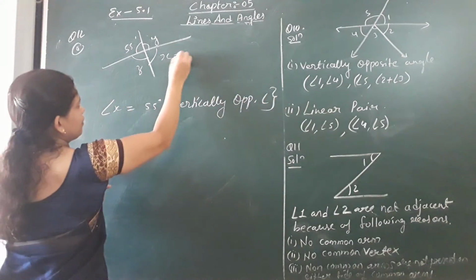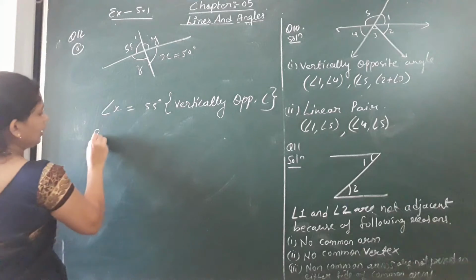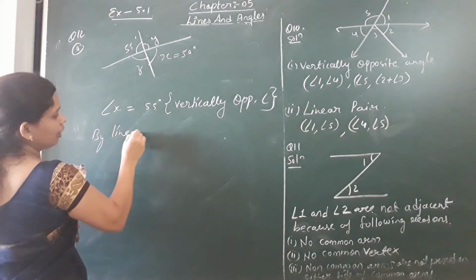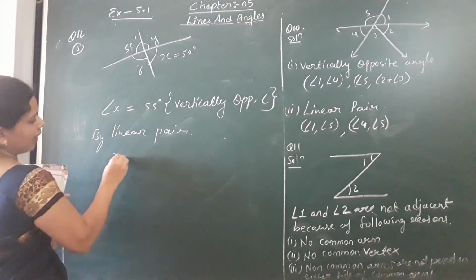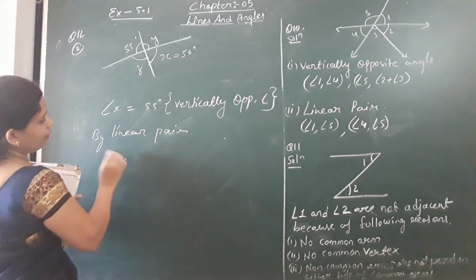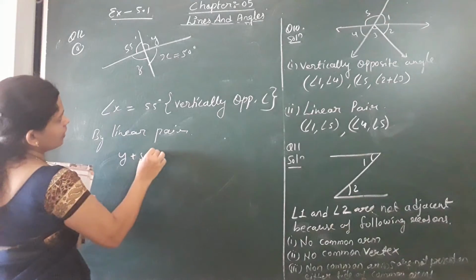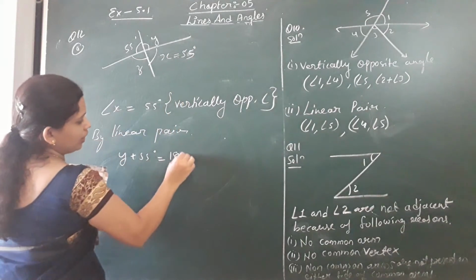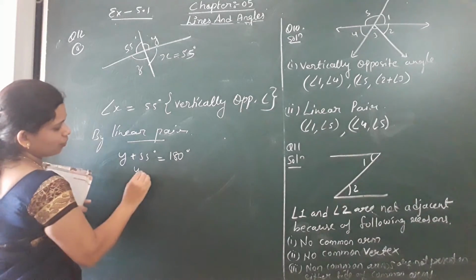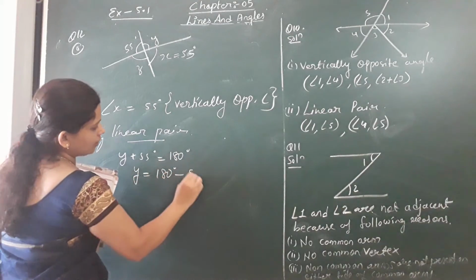Okay, next, if it is 55 degree, we can apply the linear pair axiom. By applying the linear pair axiom, y plus 55 is equal to 180 degree according to the linear pair definition. So y is equal to 180 minus 55.